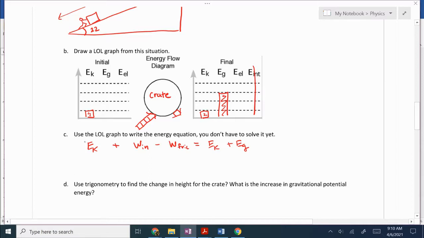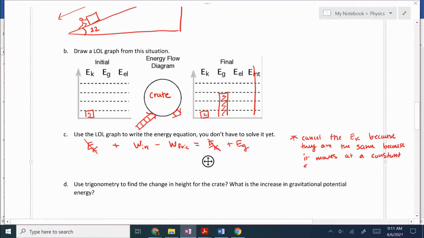Real quick, I'm going to go ahead and cancel these kinetic energies because they are the same. Okay, so there we go.